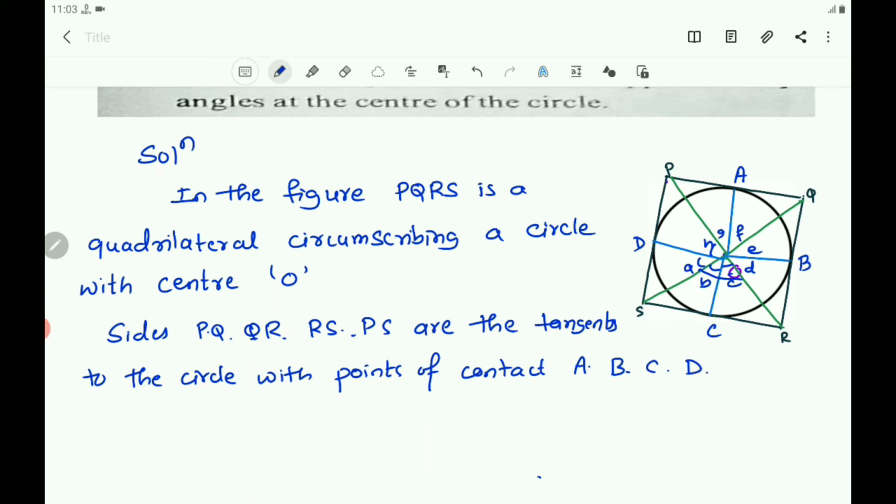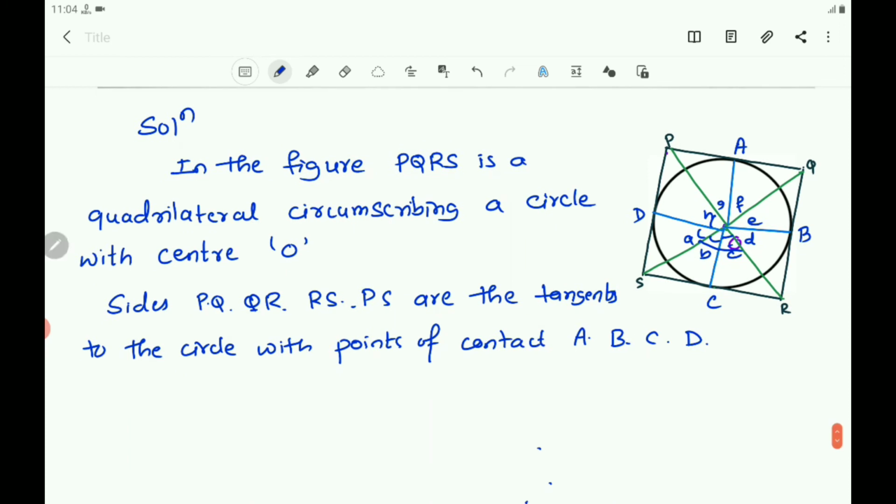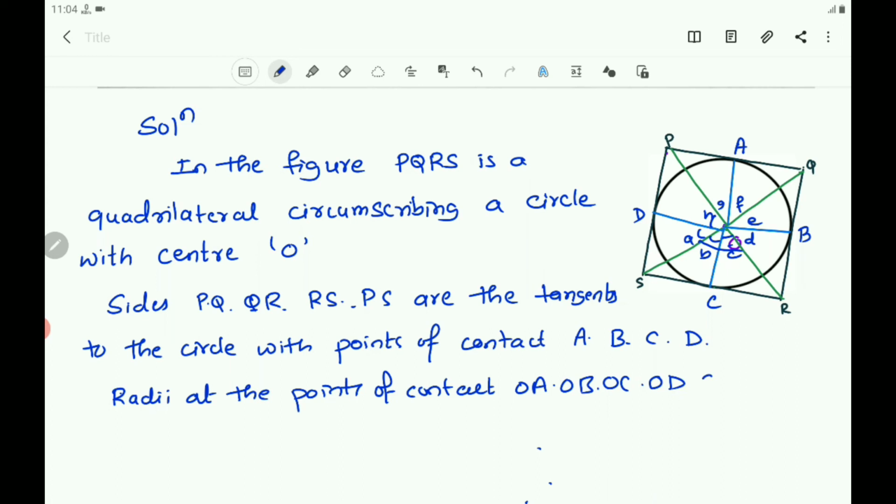Now let us denote the angles made at the center. OA, OB, OC, OD are joined, the radii at the points of contact.